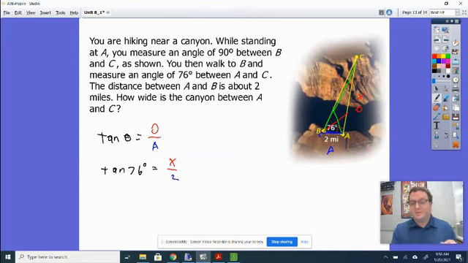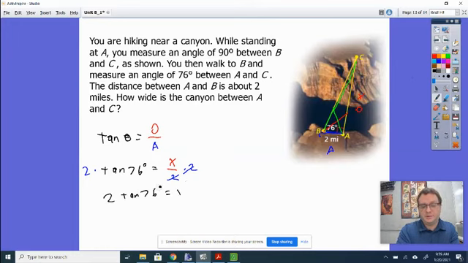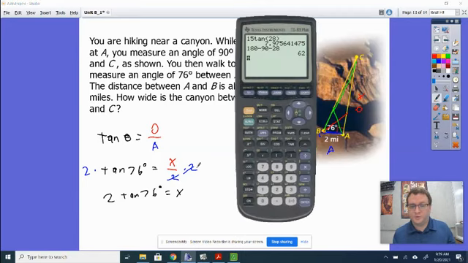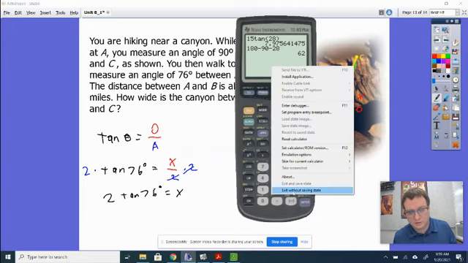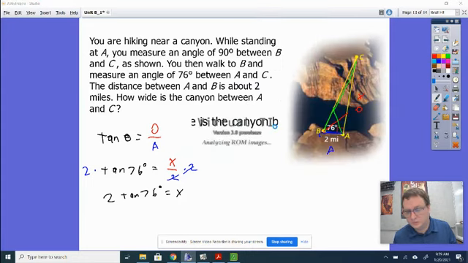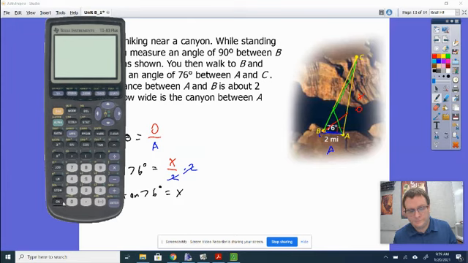Okay, sorry about that. Okay, we're gonna move that 2 over. So times 2, times 2. 2's will cancel. So I'm gonna be left with 2 tangent of 76 degrees equals x. Coming over to my calculator, 2, again, check my mode.